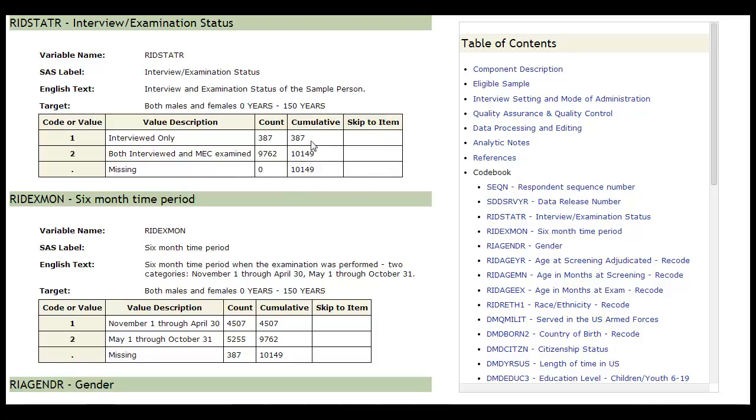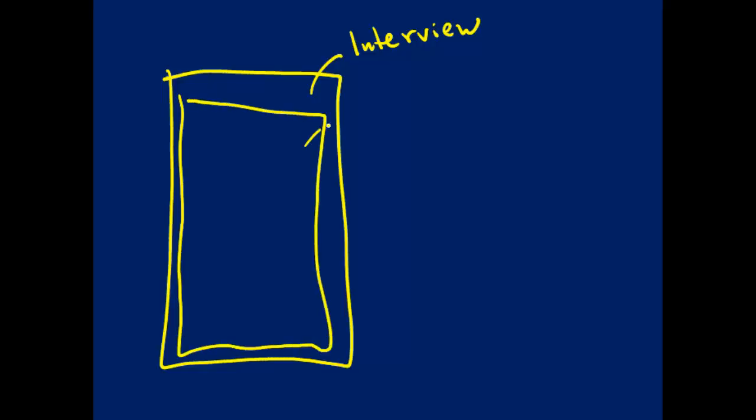Most of the people had both. So there were a few people who, although they were interviewed in their home, didn't go to the mobile examination center. And the two weights down at the bottom relate to these two groups of people. If we were to draw this, we start out with some group of people who have the interview in the home. And most of them, but not all of them, also come to the mobile examination center for the examination.